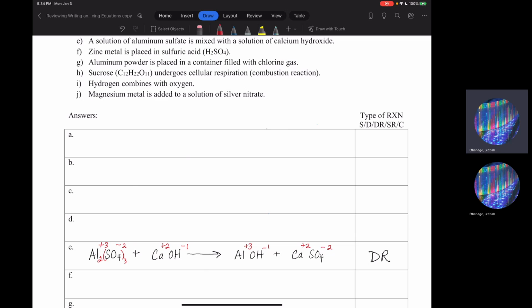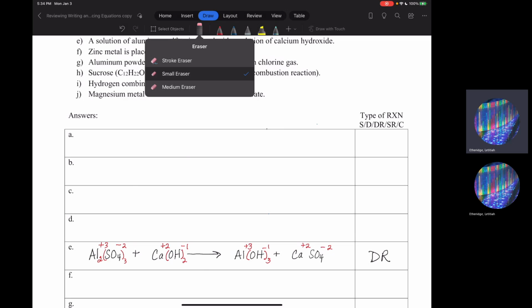We're fine because there's a 1 there. We're going to cross that 2, bring it down, polyatomic ion, put parentheses. Aluminum hydroxide: aluminum is fine because hydroxide is -1, but we have a +3 above the aluminum, so we need to cross it and bring down the 3. Over here, we have calcium that has +2, sulfate has a -2. We are all set with those.